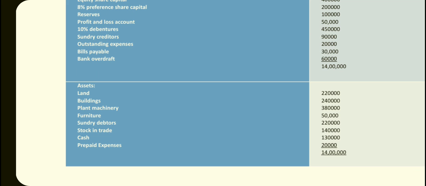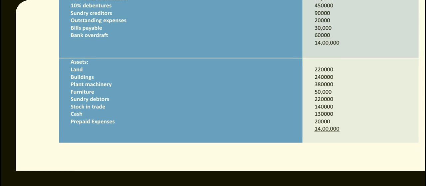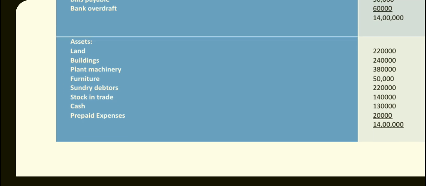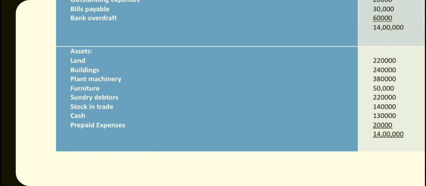Land 2 lakh 20,000 rupees, buildings 2 lakh 40,000 rupees, plant and machinery 3 lakh 80,000 rupees, furniture 50,000 rupees, sundry debtors 2 lakh 20,000 rupees, stock in trade 1 lakh 40,000 rupees, cash 1 lakh 30,000 rupees, prepaid expenses 20,000 rupees. Total value of the assets is 14 lakh rupees.